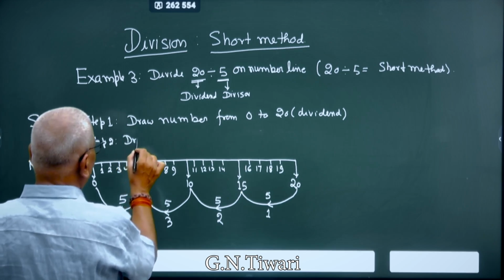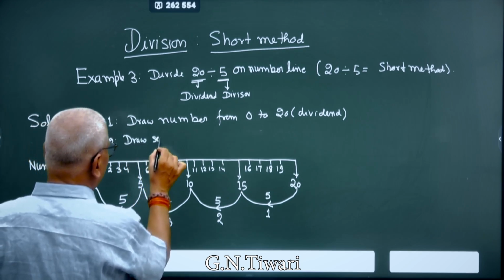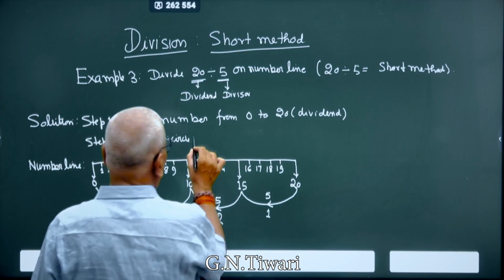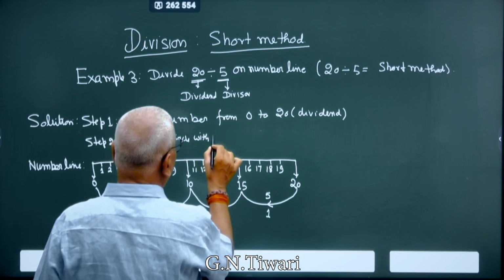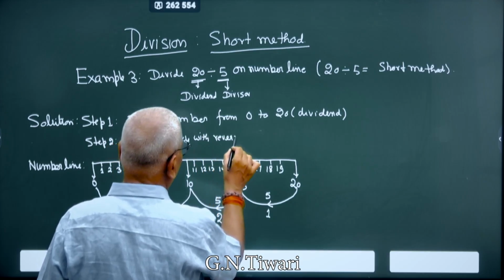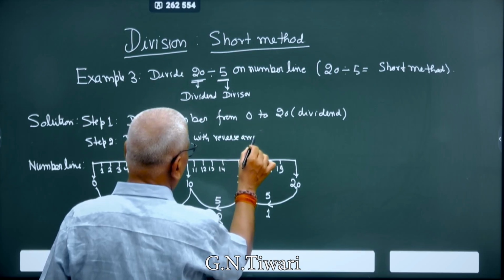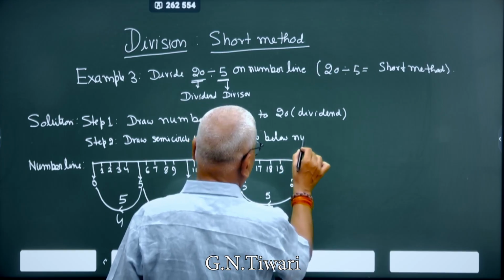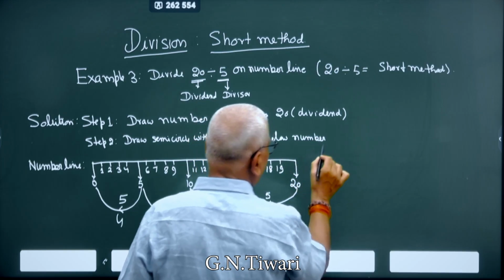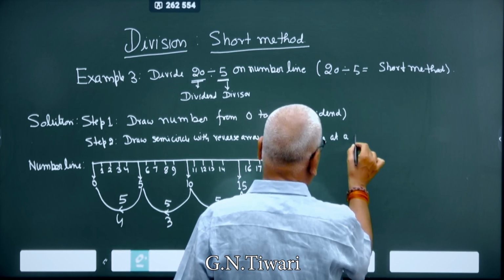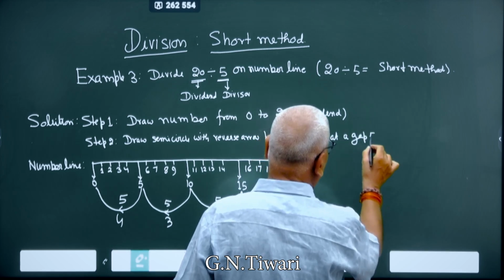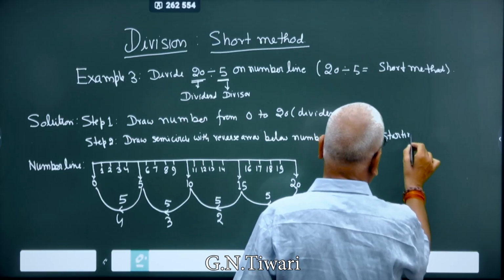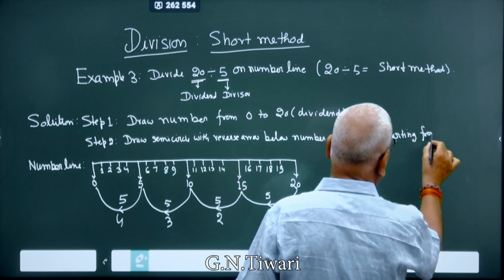Draw semicircle with backward, with reverse arrow below number line at a gap of 5 starting from 20.